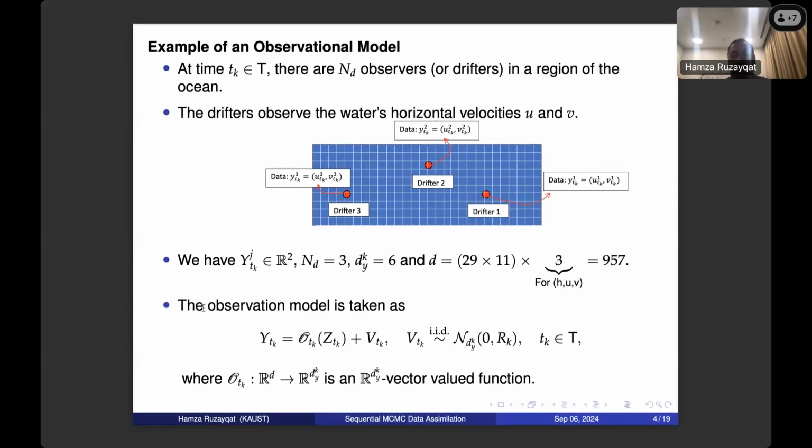As for the observational model, as an example, what one can take it to be is as follows. Y_tk is some map, a function applied on the state Z_tk, plus some Gaussian noise with covariance matrix R_k.